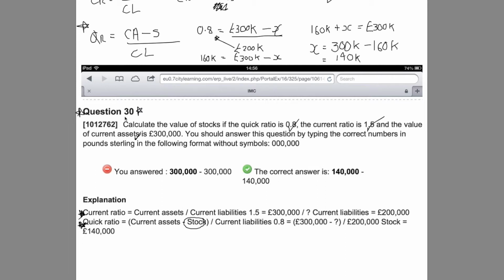And I hope that's the right answer. Yes, it is. So in the exam, you would type 140,000. That's the correct answer there.